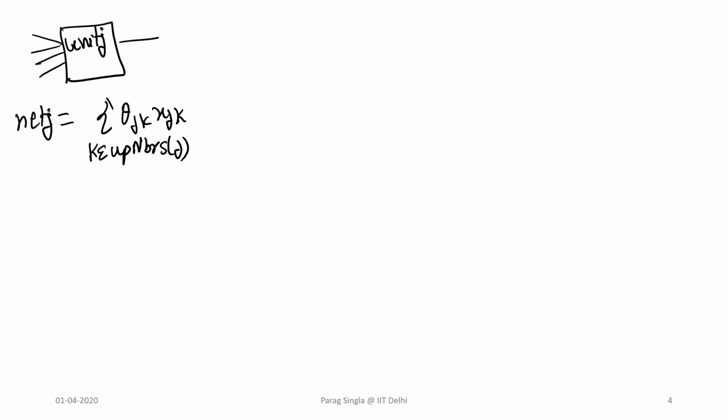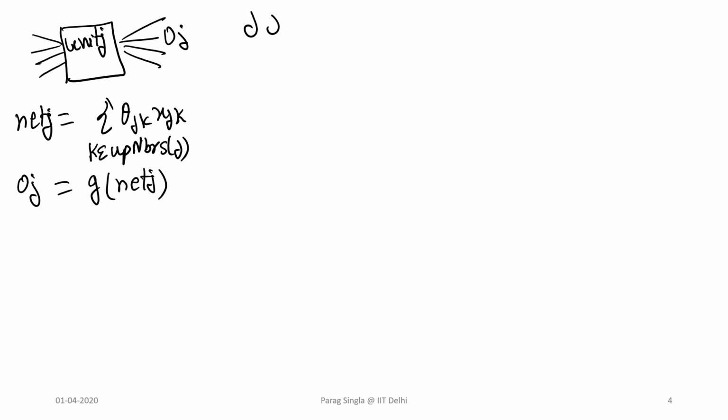Unit j, and net j was defined to be the sum of theta jk xjk, k belonging to up neighbors of j, all these inputs coming in, and outputs going out from unit j, which is oj, and oj is g of net j.